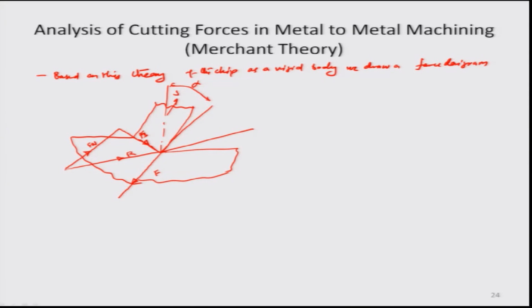So, we obtain this right here as the direction of the normal force, and that results in a resultant R dash, which is exactly equal and opposite to the resultant R.